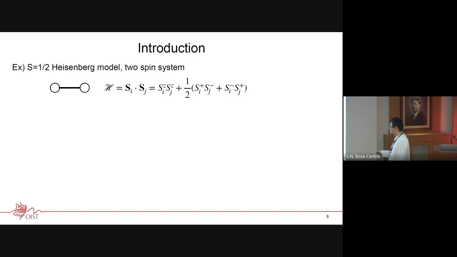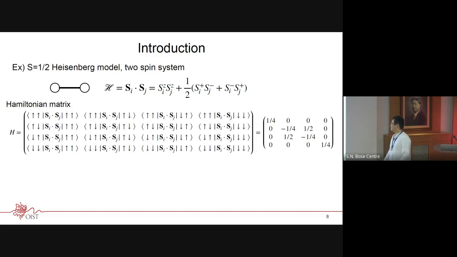So this is a two-spin system. We have the whole set of spin bases: up up, up down, down up, and down down. The Hamiltonian can be described using these four spin bases, and we can get the Hamiltonian matrix as shown here. I think you have already done this yourself in some quantum mechanics tutorial or lecture before.